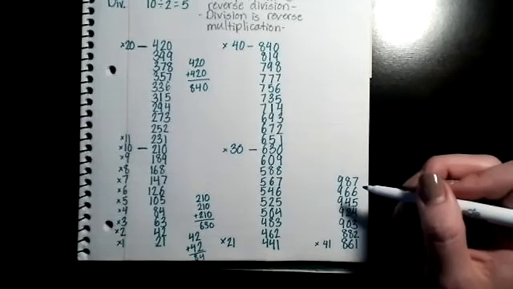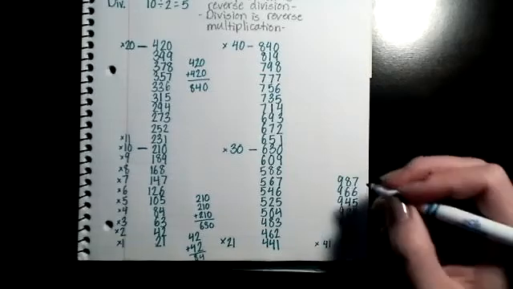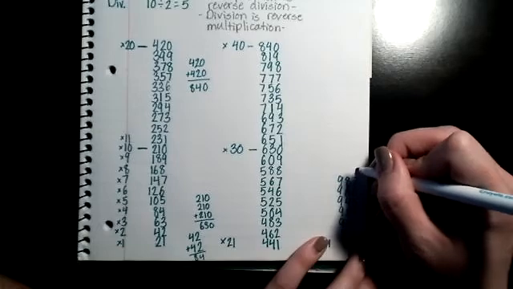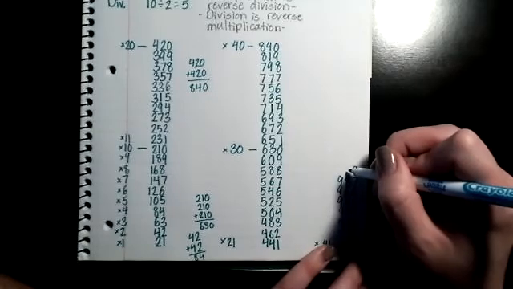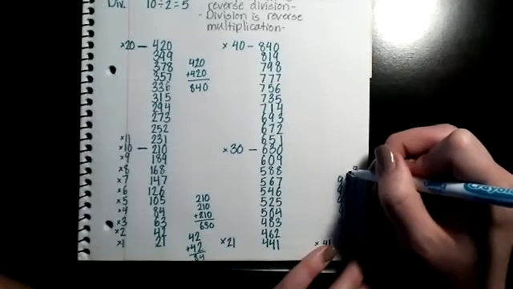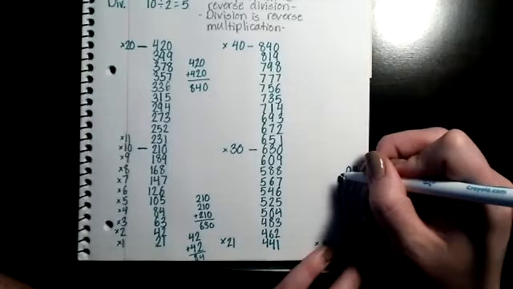Okay, oh, this one's going to be tricky. 987 plus another 21. So I know my 7, that's going to just add 1. So that's going to become an 8. Now my 8 is going to be plus 20. So that's 80 plus 20 would be 100. So that's a 0 in my tens column. And a 1 has to go over here.